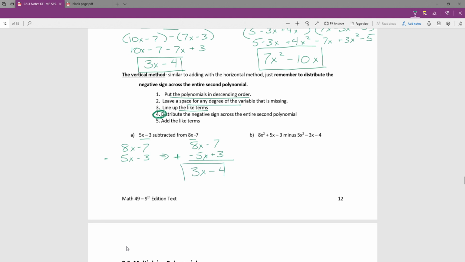And honestly, you don't have to do this vertically. If you're like, wow, horizontal was fine enough, then just go with that one. I will show us this one in a vertical method, but if you're not convinced, do it horizontally and you will be fine.